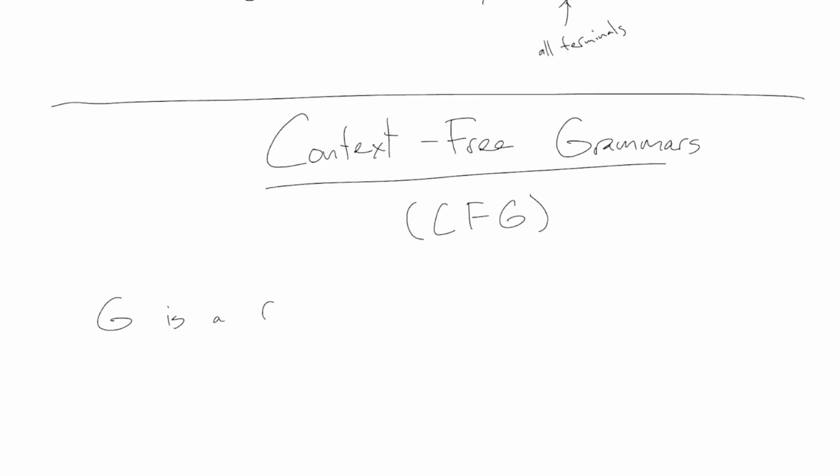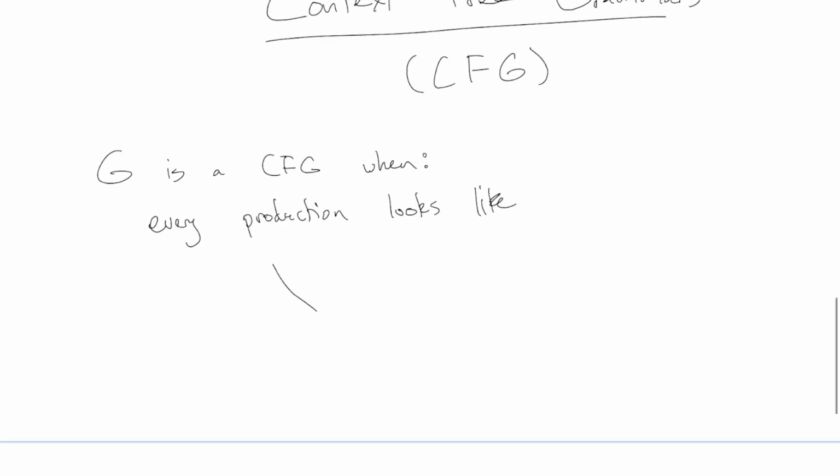G is a context-free grammar when each production looks like X goes to, I'll just put a little s here, where X is a single non-terminal. I hope everyone knows what I mean by non-terminal.